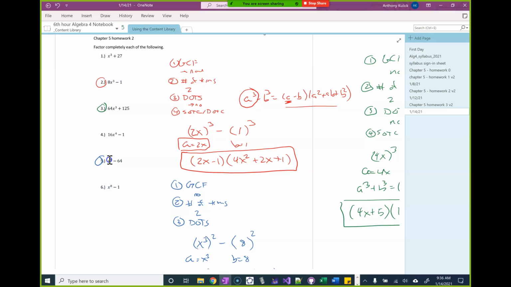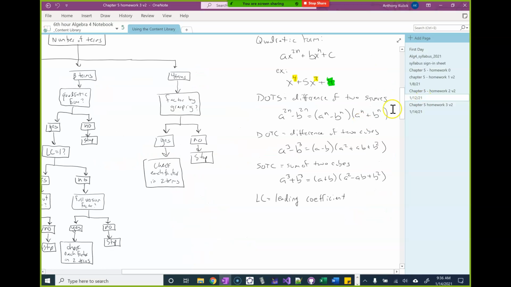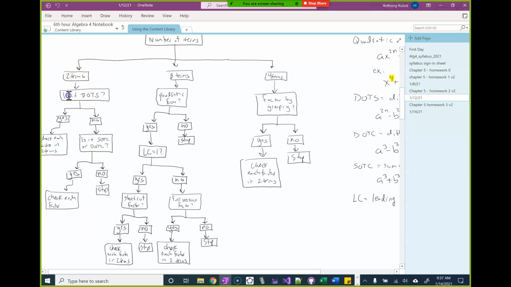So that's why it's critically important when we're using the diagram, when we're doing the two-term stuff, that we always check for a difference of two squares before the sum or difference of cubes. As long as you do that first, the quadratic parts from the sum or difference of two cubes are going to be done. You won't have anything more to do there. Does that feel okay, Megan?